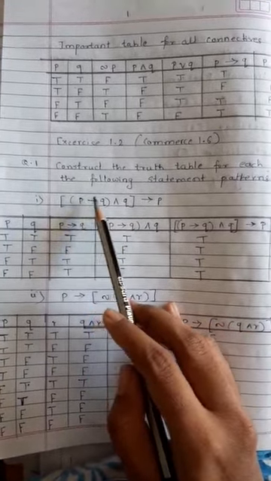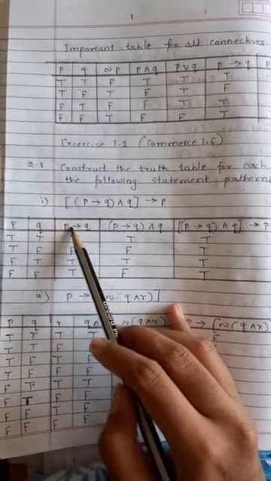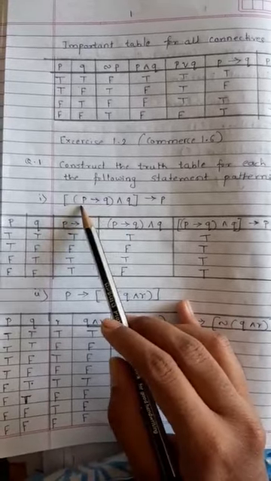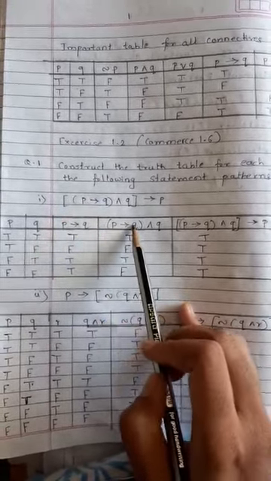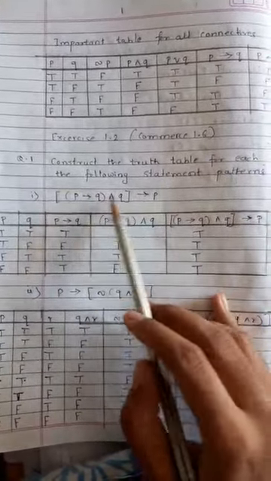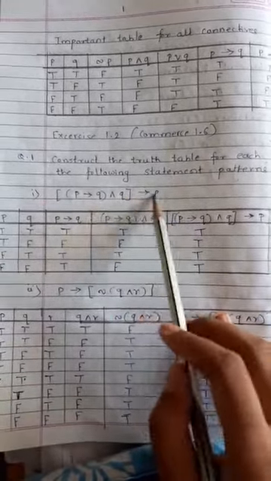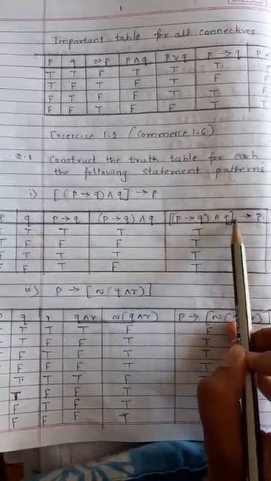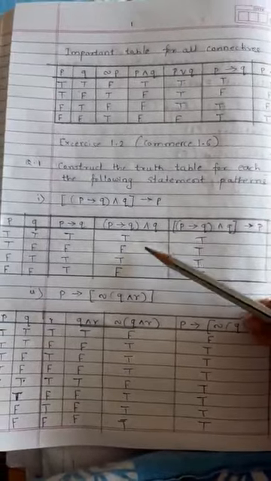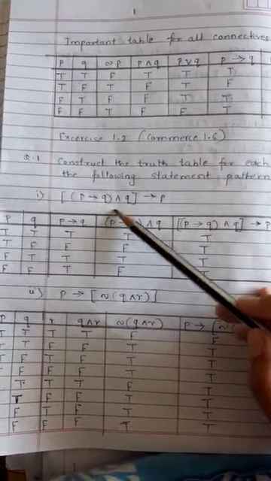From this we are going to make columns. First we will solve P implies Q. Then we will solve P implies Q and Q, this whole bracket, and then we will take a combination of this, that is the whole statement P implies Q and Q implies P. So in this type of problem, while constructing truth tables, we go step by step.